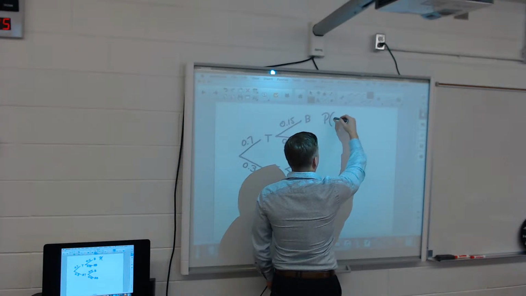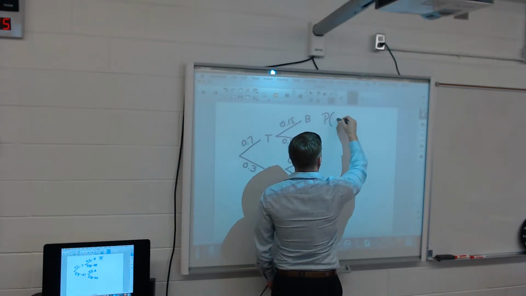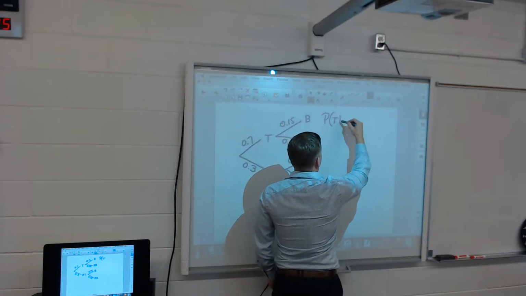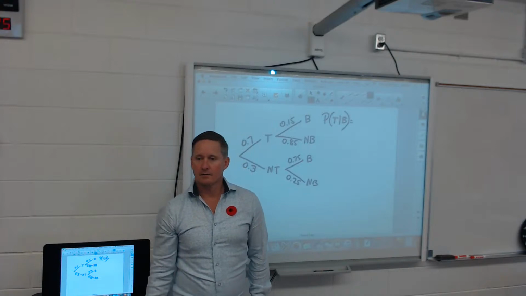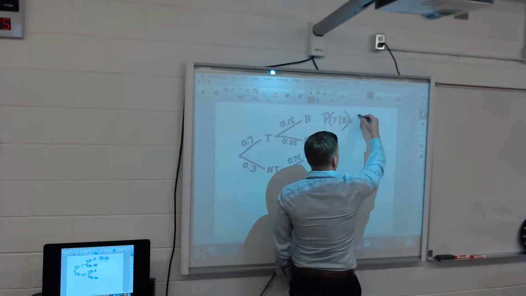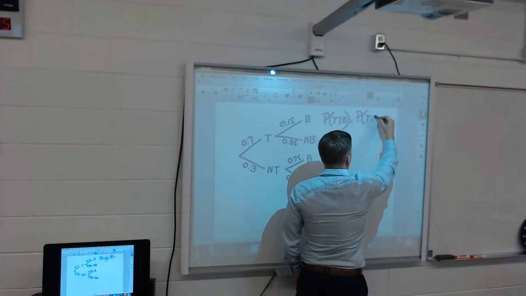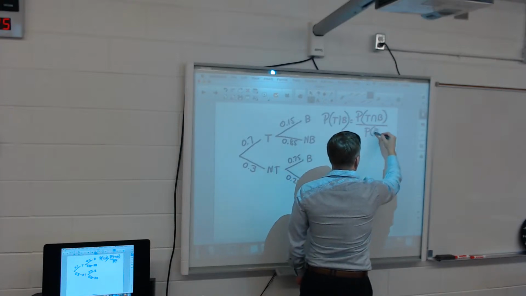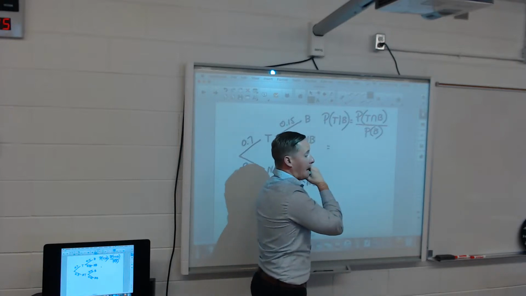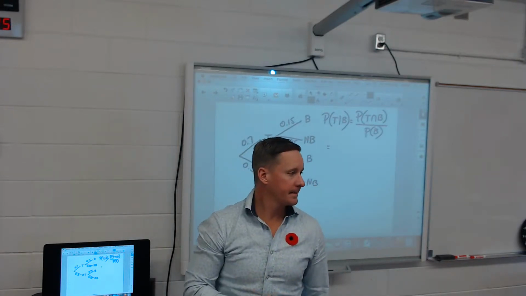Probability that he set the timer, given that he burnt the bread, is the probability that he set the timer and burnt the bread over the probability that he burnt the bread. Don't you have to switch those?